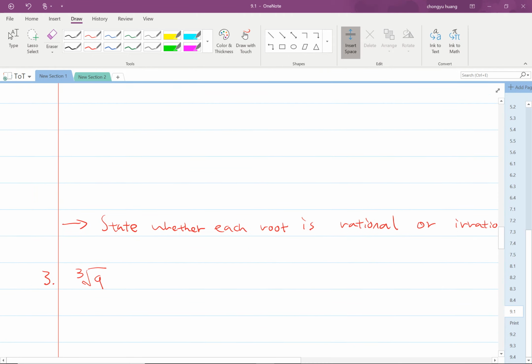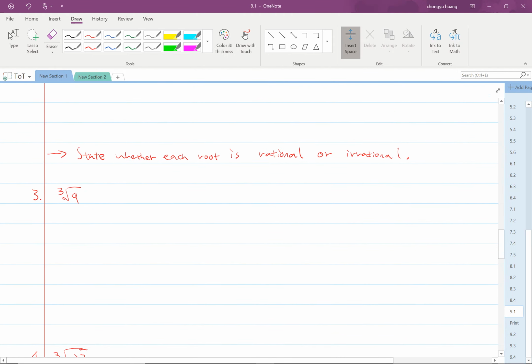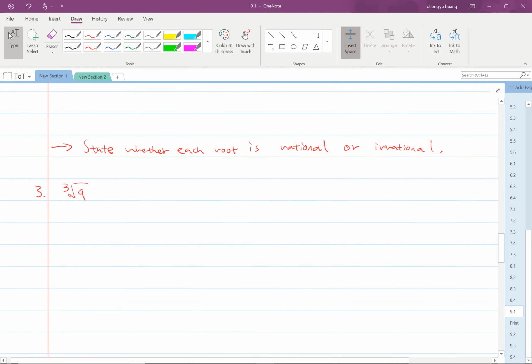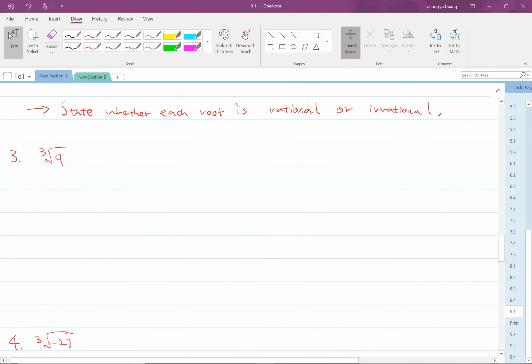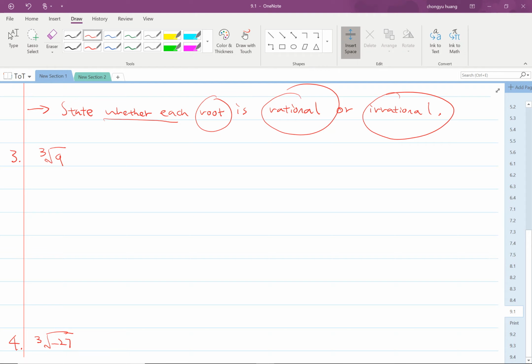Okay, so let's move into the next type of question. The next type of question is where you want to state whether the root is rational or irrational. So as you can see over here, we have a cubic root, and 9 is actually equal to 3 to the power 2, right?